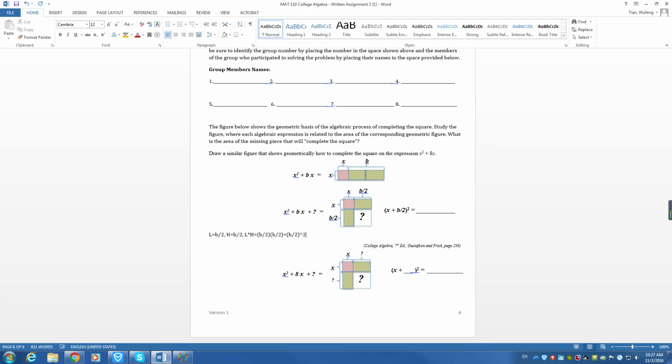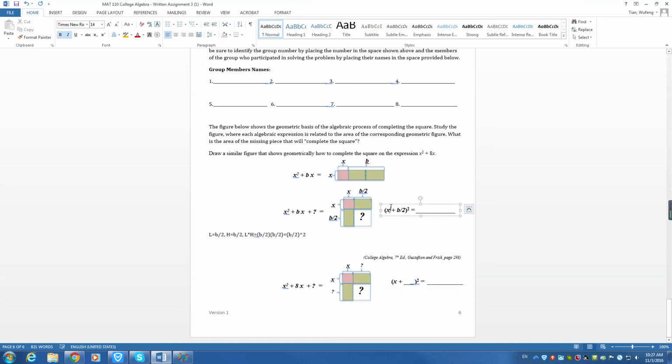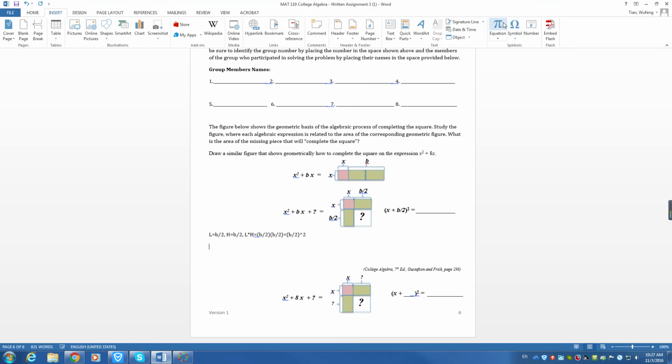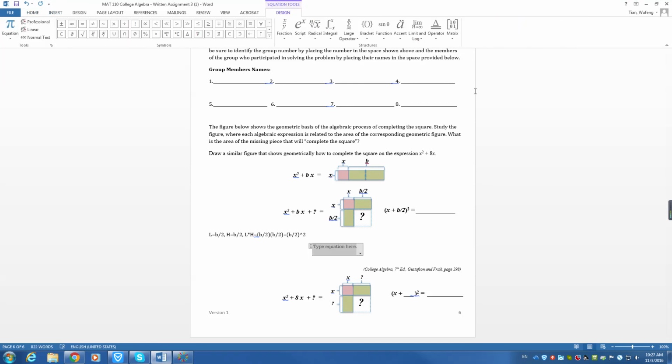So now what is that? What is x plus B over 2, squared? So basically from this picture you can see we have 4 parts. First part, x squared. It's that pink square.